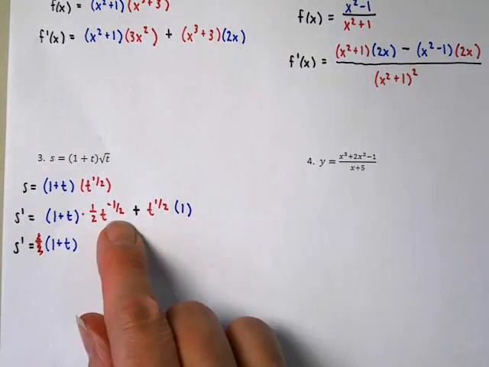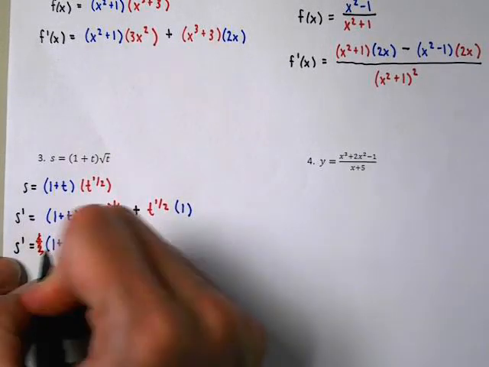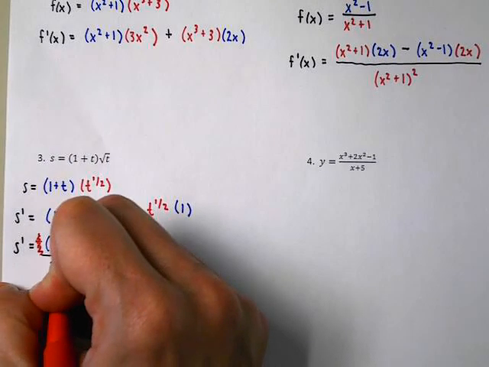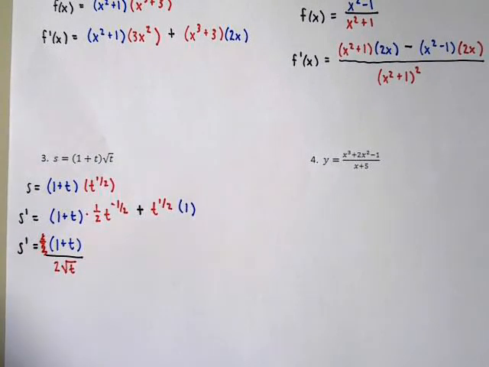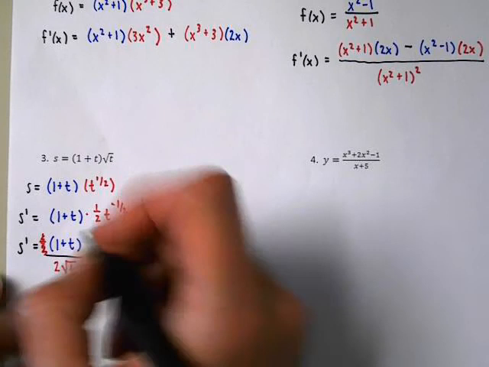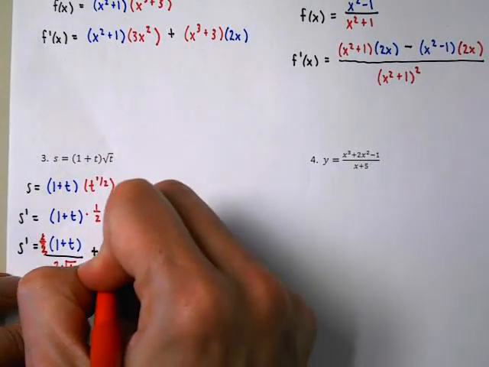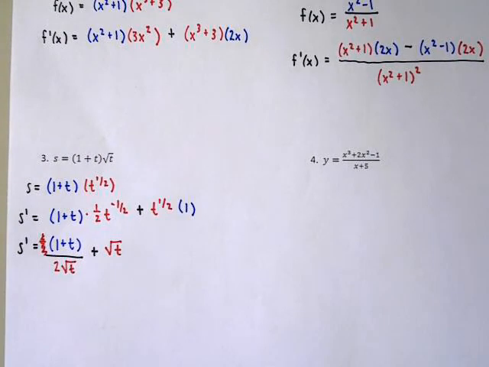I'm realizing this is negative. So actually, this would all be over my 2, which would be down in the denominator, as well as my root t. And then I would have plus the square root of t.